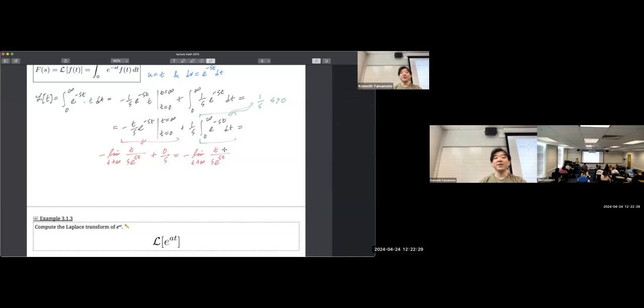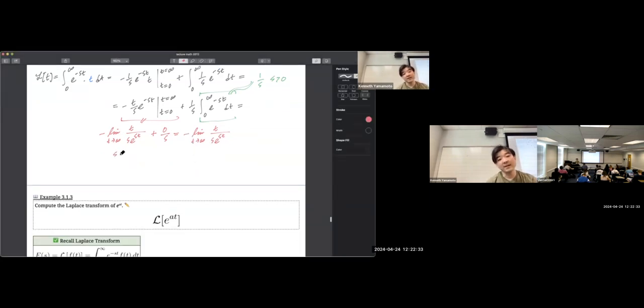Now this limit, let's just check when s is less than 0. The t goes off to infinity, so the top is going to go to negative infinity, because t is going to infinity, with the negative out here.